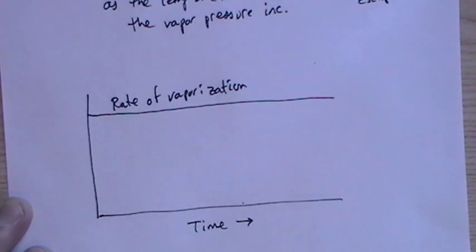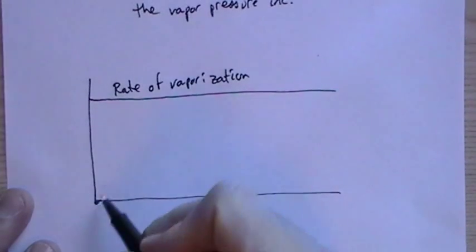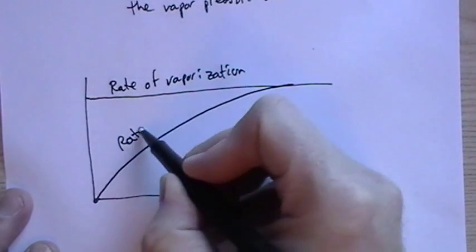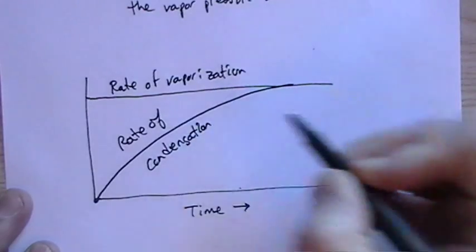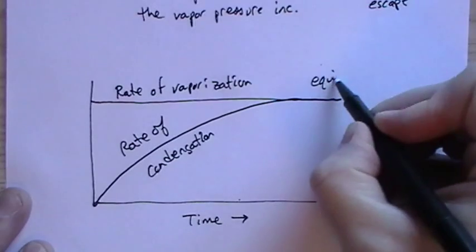Eventually, you have so many H2O molecules in the gas phase that they start making their way back into the liquid phase. So at first, the rate of condensation is 0, but then it builds in. So we have the rate of condensation, and when those two are equal, we're at equilibrium.